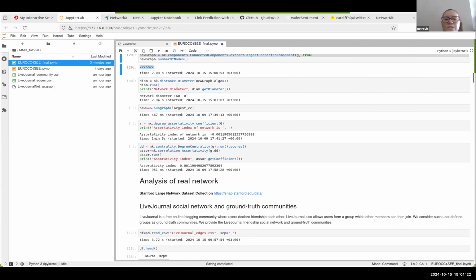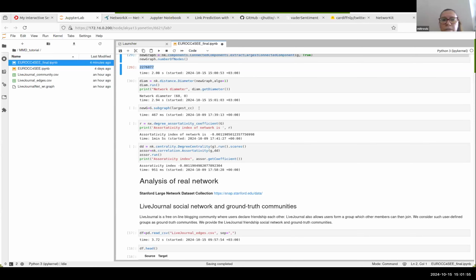The size of this largest connected component is 2,276,077 nodes, and the diameter is only 60. So while it's a relatively large number, this is still a network of relatively small diameter. Hyperbolic networks are networks that are embedded in space. And as a consequence of this, their diameter is slightly larger than in the case of real-world networks.